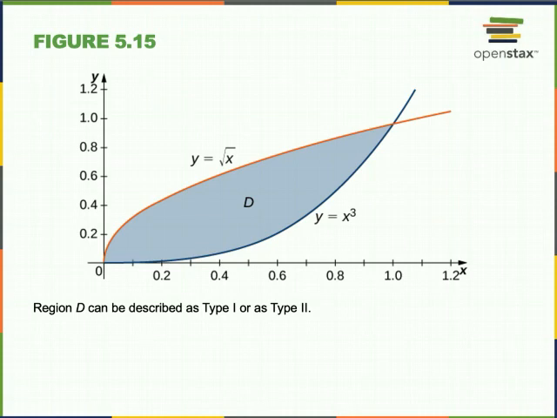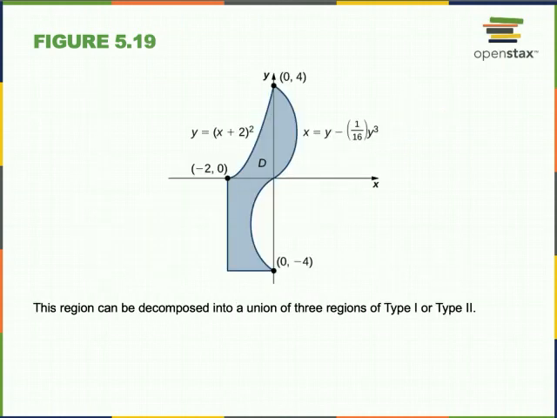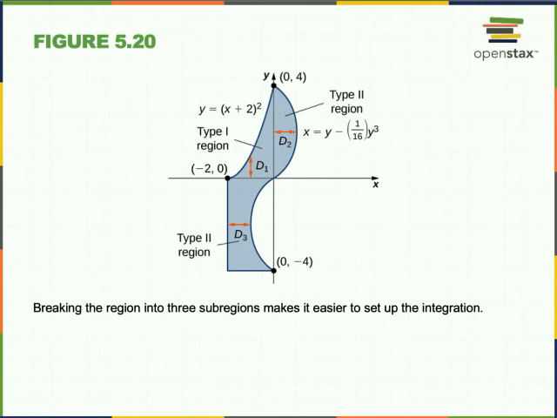Okay, or regions. There's a region D that can be described as either a type 1 or type 2. It's really both. Okay, most regions are neither, unfortunately, but we can actually break them up into a type 1 or type 2. Okay, that's done there. All right, so you can contemplate that. That's not really what I want to focus on now, but just for the sake of completeness.